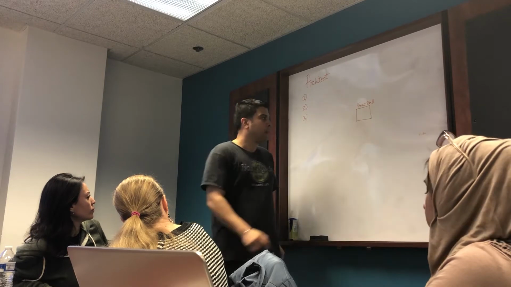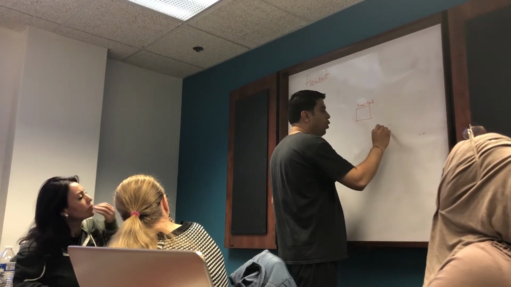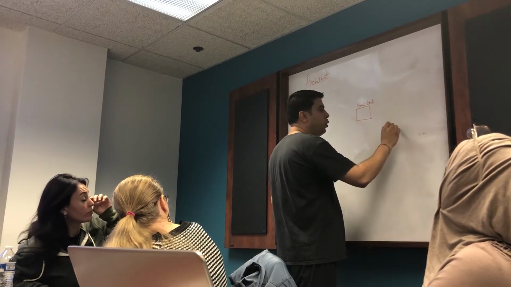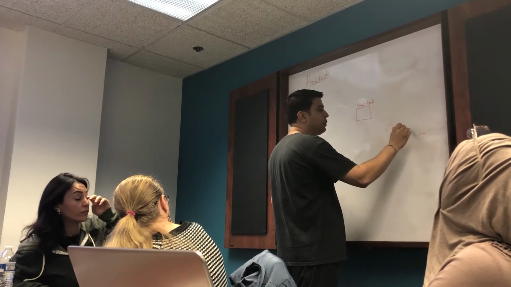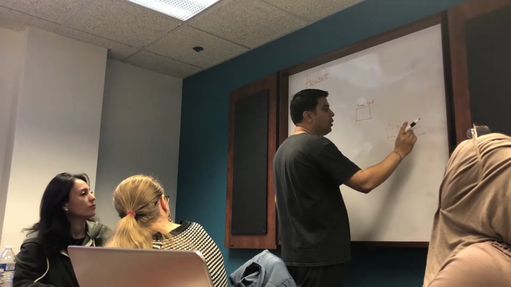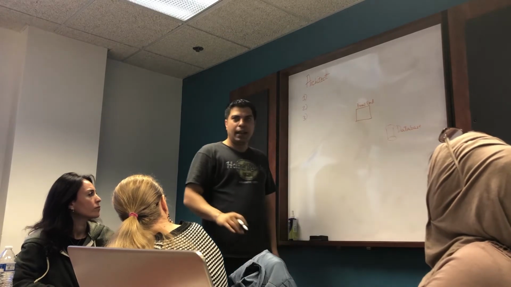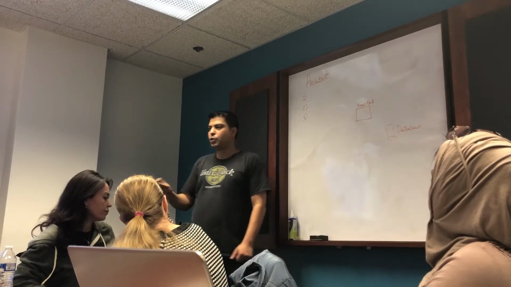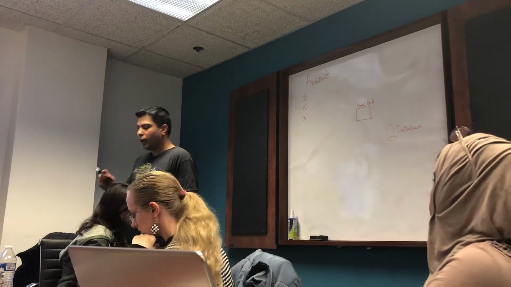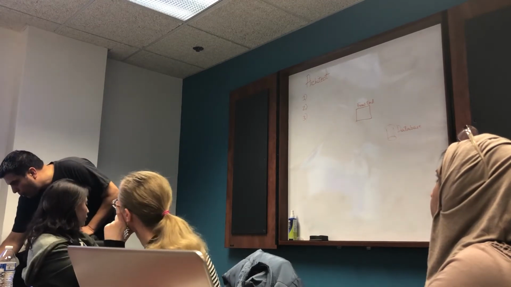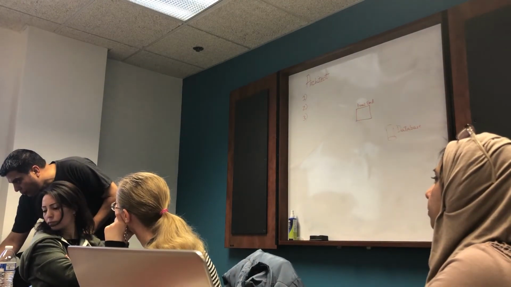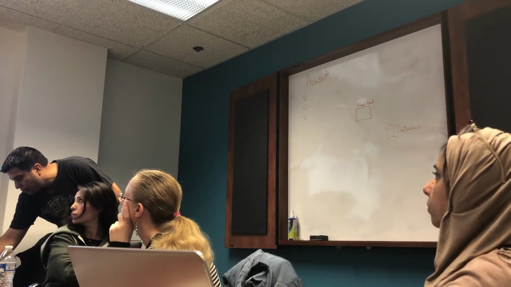Okay? Then there is something called a database. We will go into detail when we learn SQL. Okay? For now, what is a database? Database is where the data is stored. What data are we talking about? So if you go to Amazon.com, you see all this information.